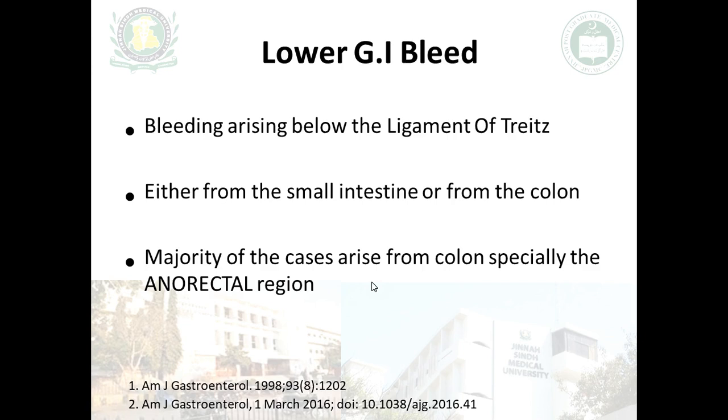Mostly the source of lower GI bleed is in the colon, and in the colon the most common part is the anorectal region. In the anorectal region, patients can have hemorrhoids, they can have anal fissures. Most probably older patients can have carcinoma of the rectum.